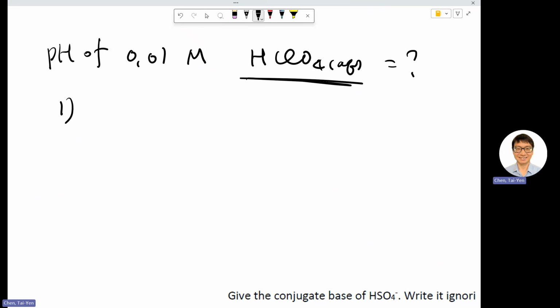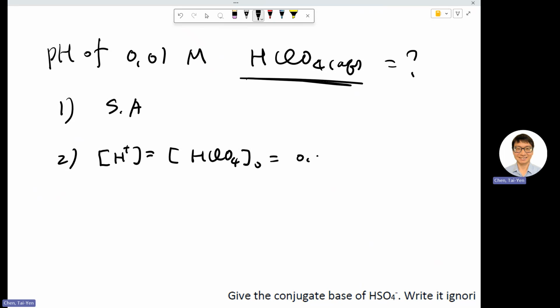This is a strong acid. Since it's a strong acid, your proton concentration is going to equal the strong acid concentration, which is 0.01 M, because it dissociates 100%.